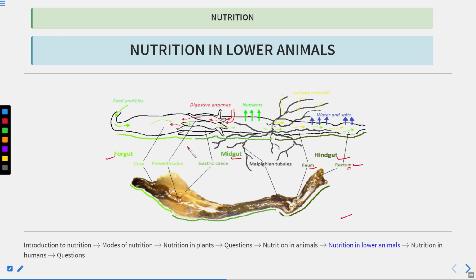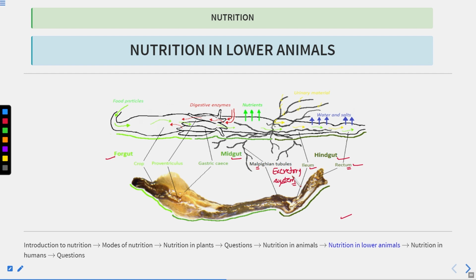Then you can see the Malpighian tubules. Malpighian tubules are the excretory structures present in the grasshopper. They help in the formation of the urine and also help in osmoregulation.